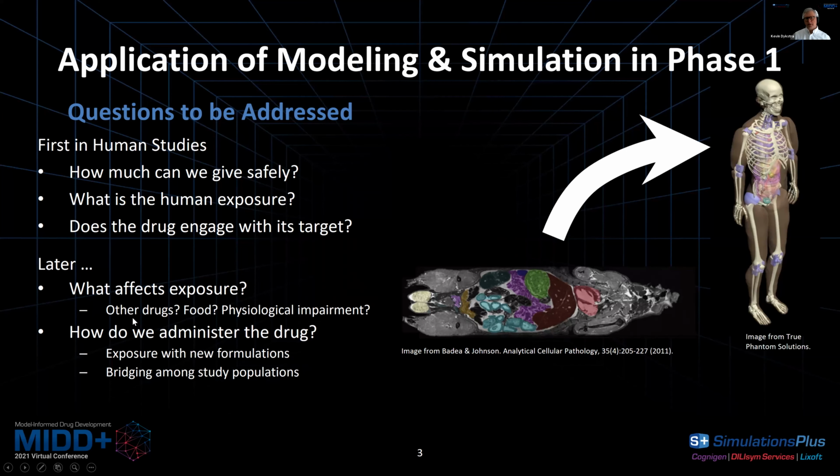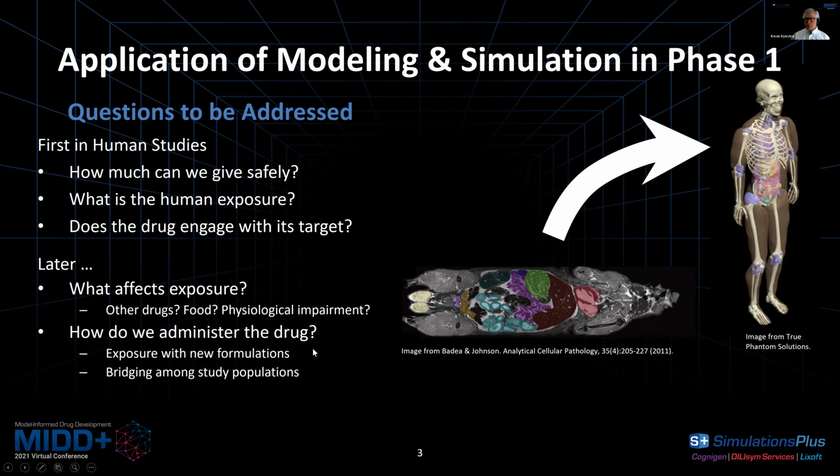We look at food, of course, and physiological impairment, typically renal and hepatic impairment. And then other aspects: we might do dedicated studies to understand gender differences, geographic differences, ethnicity differences, and age differences, depending on what the indication for the drug is.